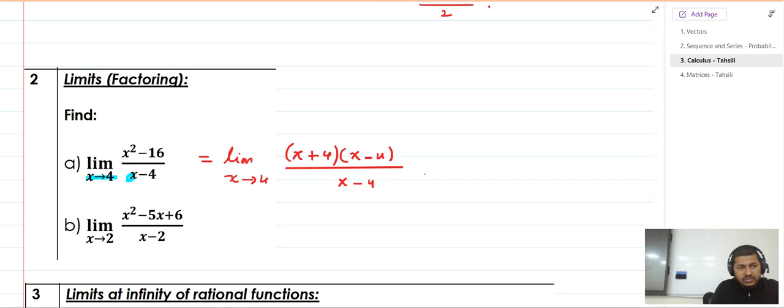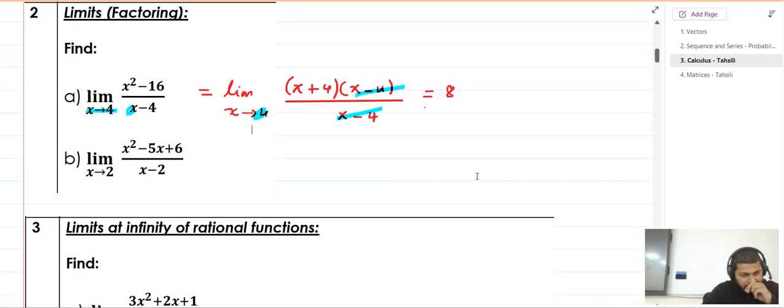And what we see is that we will always get cancellation happening. So x minus 4 cancels out, we are left with x plus 4, and if I substitute 4 inside, I get the answer 8. Remember, the only thing that's remaining is x plus 4. So x approaches 4, the x value is 4, 4 plus 4 is 8. So that's my answer.